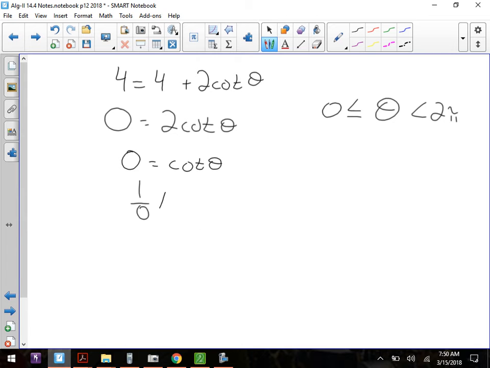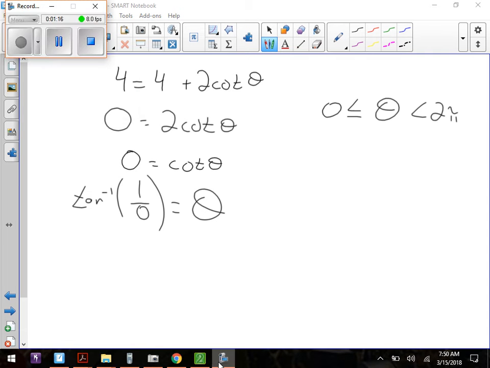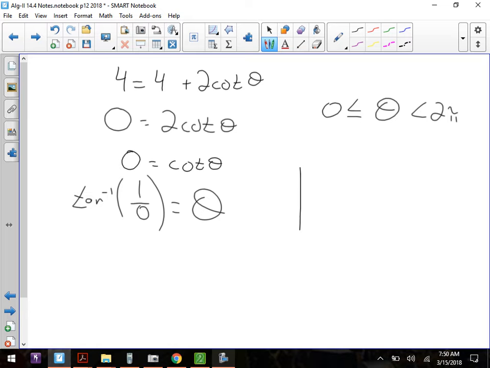So what angle has a tangent? Oh, you're right the other way. Sorry. That means the exact same thing. That's what you're looking for. Where is tangent undefined? Well, if you remember, tangent is y over x. So that means that x has to be 0.